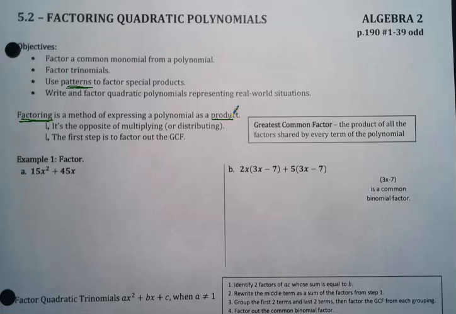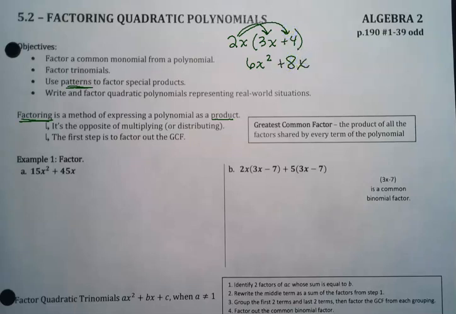Because yesterday we had like 2x times 3x plus 4, right? And we distributed to get 6x squared plus 8x.